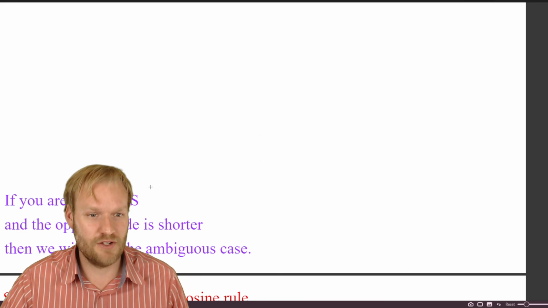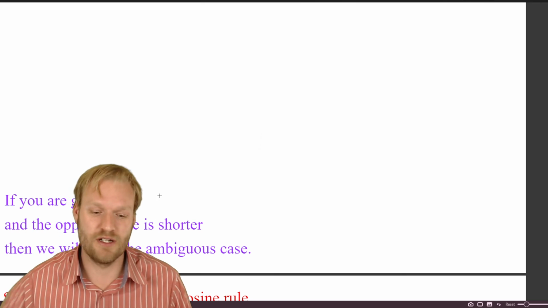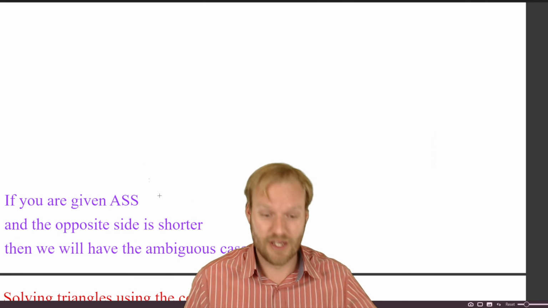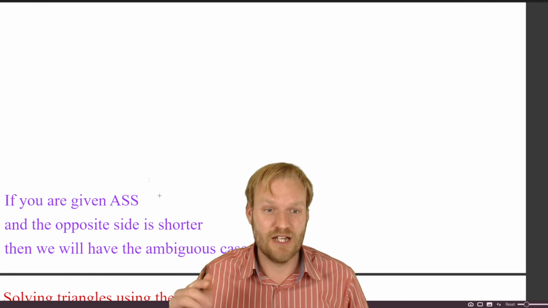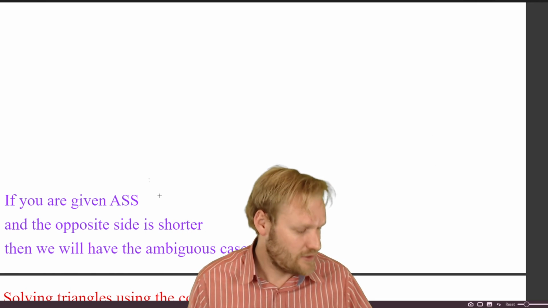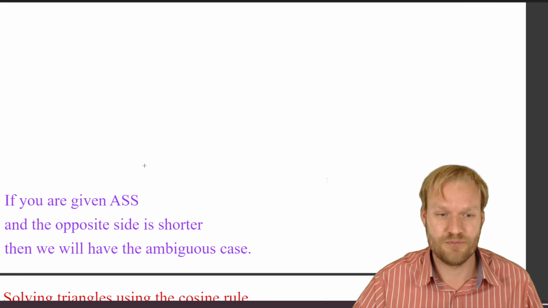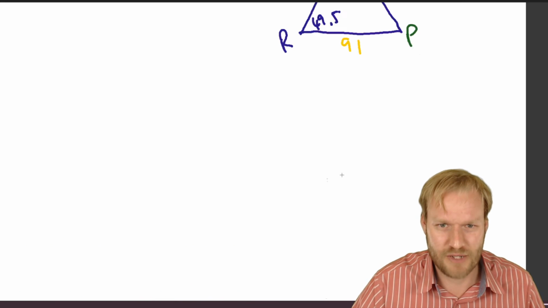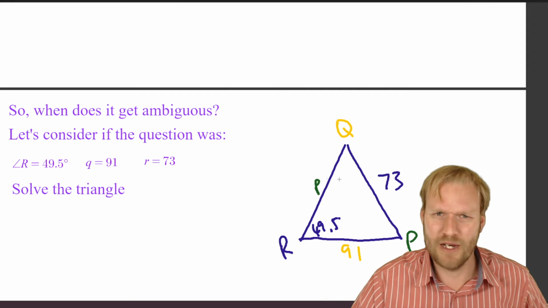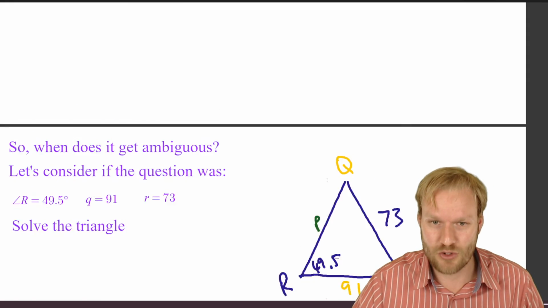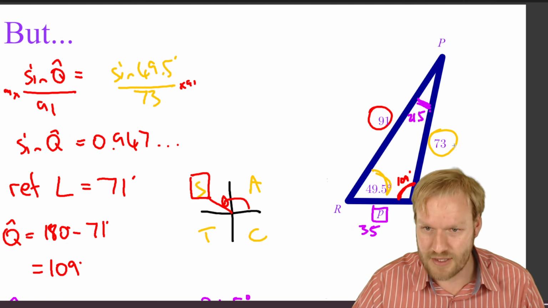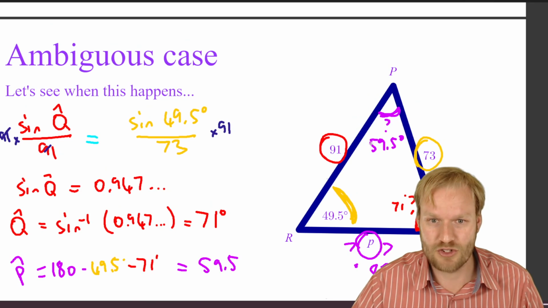If you are given angle, side, and the opposite side is shorter, that's when you have the ambiguous case. You might not be told, hey, this is an ambiguous case. But there, the opposite side was the shorter of the two. The opposite side was 73 and 91 was the longer.